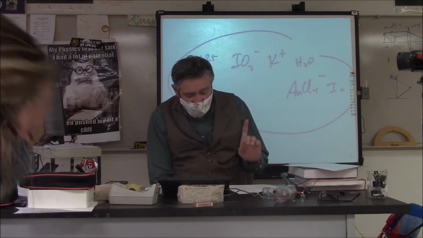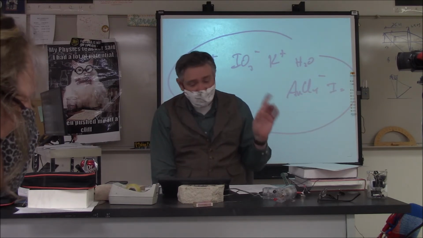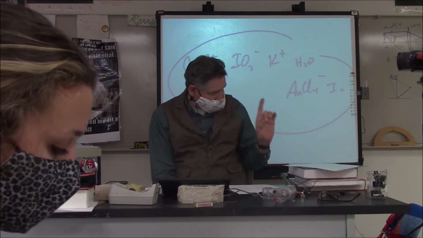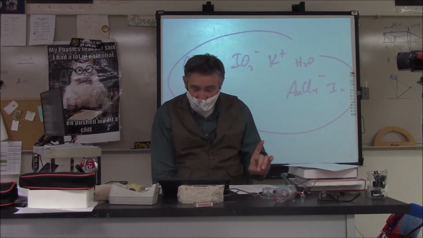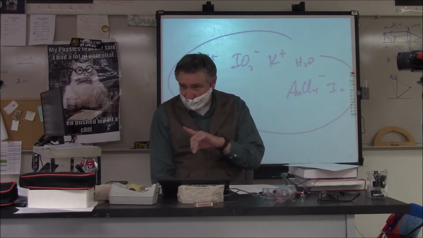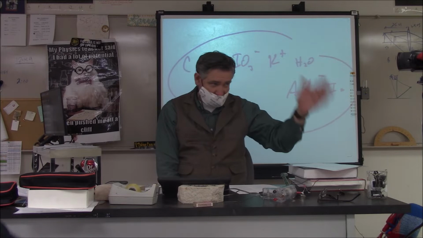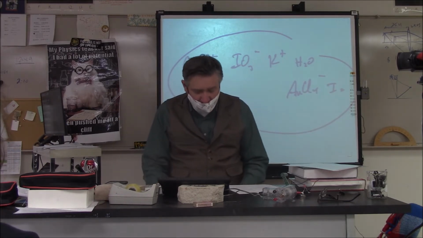So let me give you a hint. That should start with potassium ion, okay? So your first species that you're going to list on 47 is going to be potassium, okay? And then you're going to go up from there, and the last one is going to be IO3. So those are your bookends. What happens in between is up to you, okay?